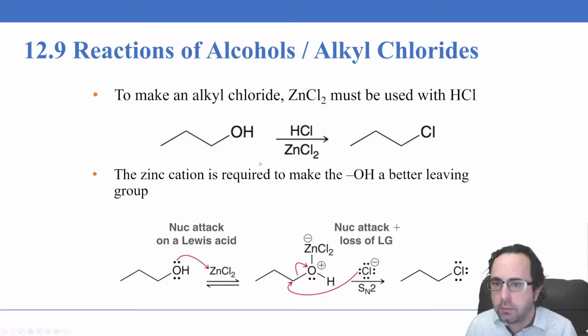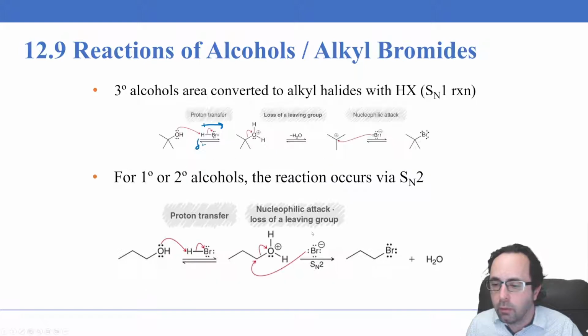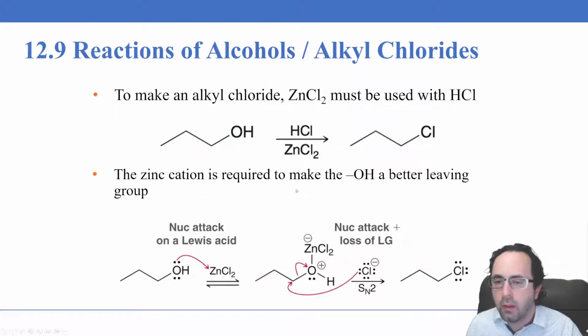Now, an alternative here is if we want to make an alkyl chloride. These were both bromides, right? The chlorides are a bit less reactive here, and so we're going to use zinc chloride as an alternative.